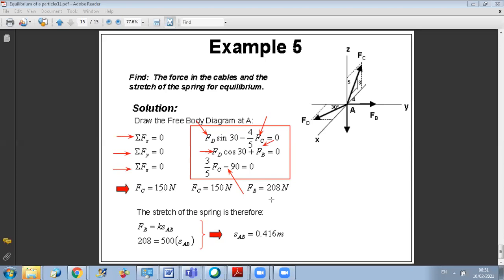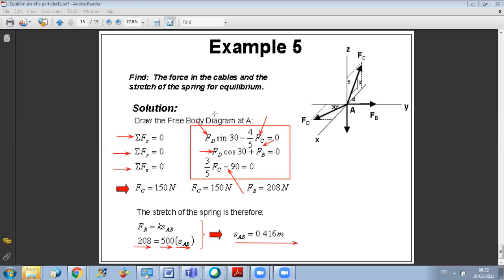And since they asked for the stretching of the spring, we know that the force in a spring is given by the stiffness times delta S of the spring. So we should just write that the force we found is equal to the stiffness times the stretching, and we can get the value of the stretching.